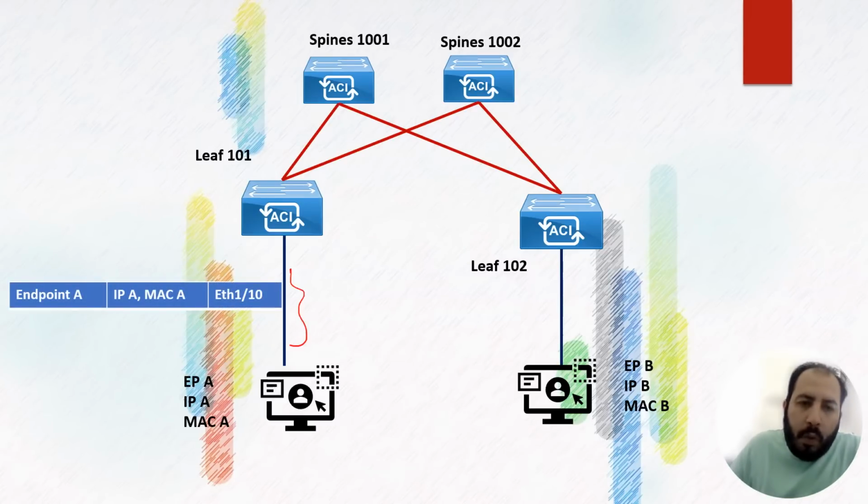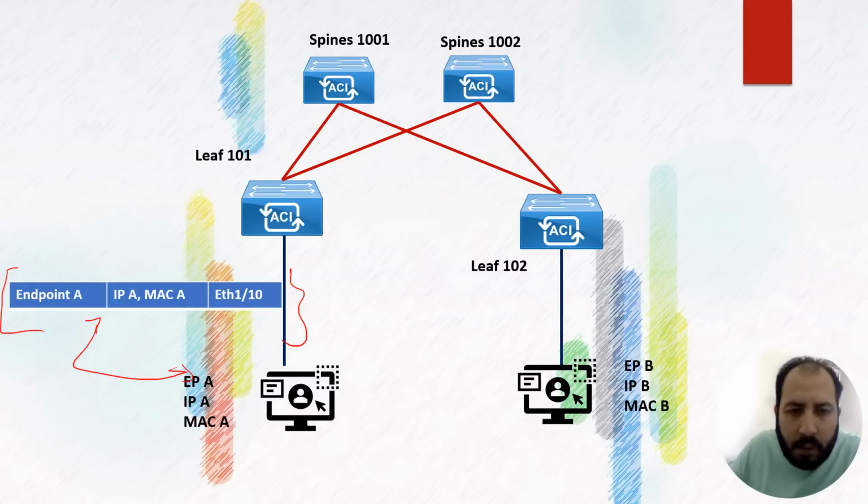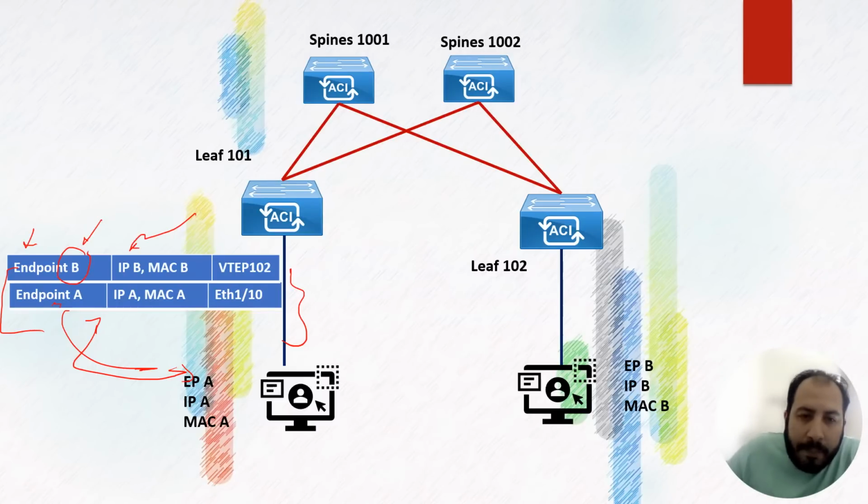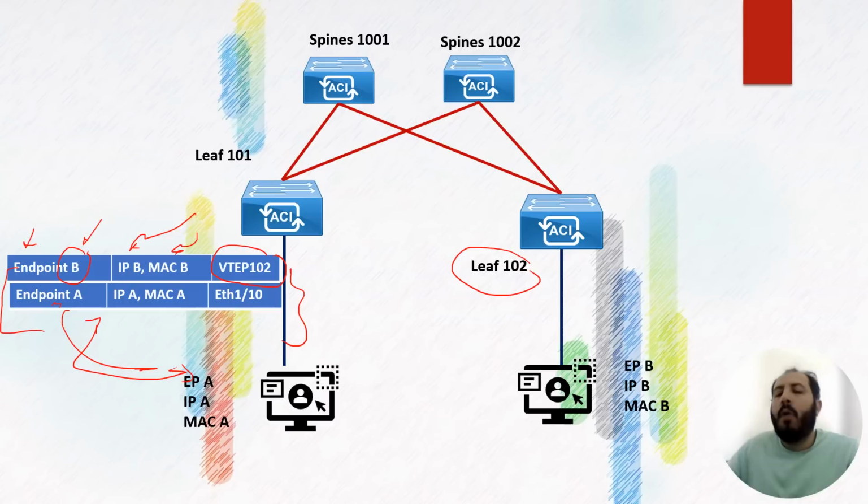This is the source information of the endpoint, coming from point A, and that will be my destination information going to point B. I know the IP address and the MAC address, and I also know the location, which is in VTEP 100.02. What happens is you need to encapsulate this traffic over VXLAN.